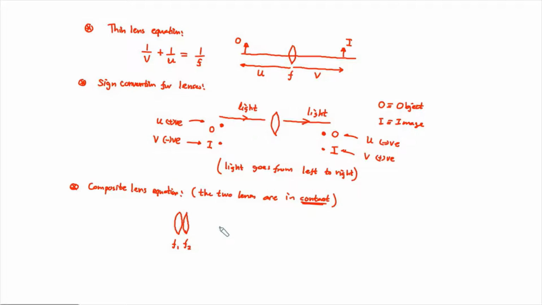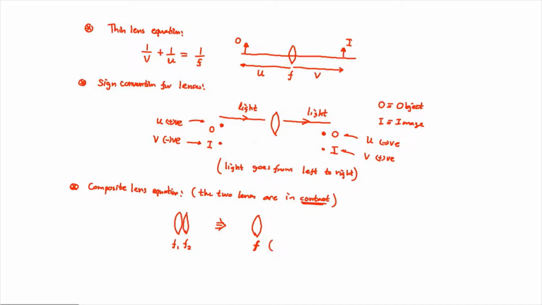We can combine these two lenses, and we can represent that by one lens, we can call it the composite lens F. Its focal length is F. So there's a relationship between the individual focal lengths F1 and F2 and the focal length of the combined system.